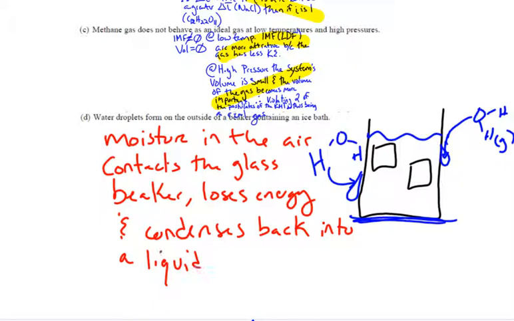And we might want to point out, we know that this is moisture in the air, this is water, the gas, and hopefully your grader will be able to read your handwriting because that's a little shady over there. And this is water, the liquid.